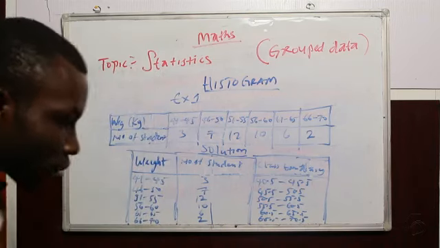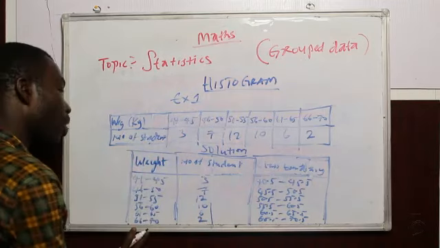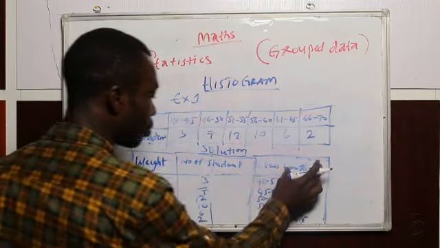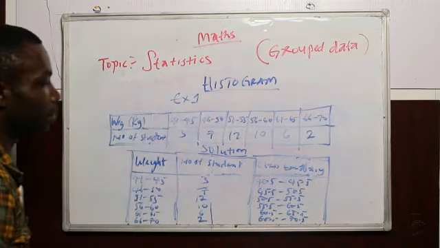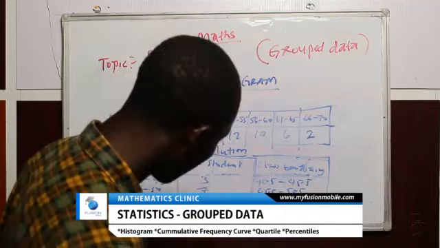Now, that is how we do it. How do we get all these things? We deduct 0.5 from the lower class boundary, and we add it to the upper class boundary. That is how we get this class boundary.